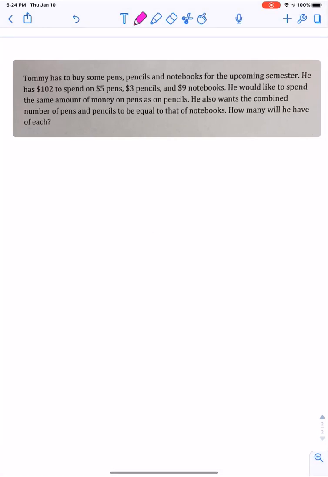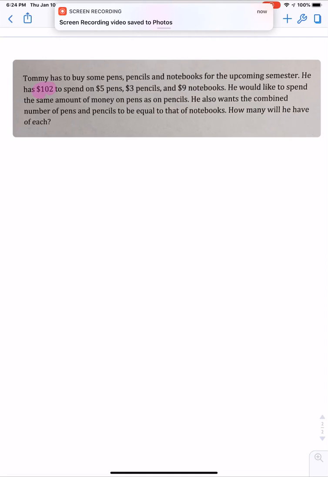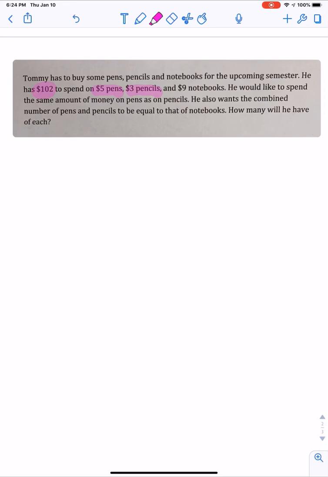Okay, guys, let's go through an example of writing equations from a story that we talked about over the last couple days. The story starts out and says, Tommy has to buy some pens, pencils, and notebooks for the upcoming semester. So he has $102 to spend on $5 pens, $3 pencils, and $9 notebooks.